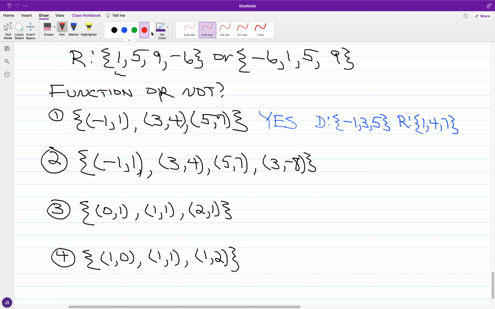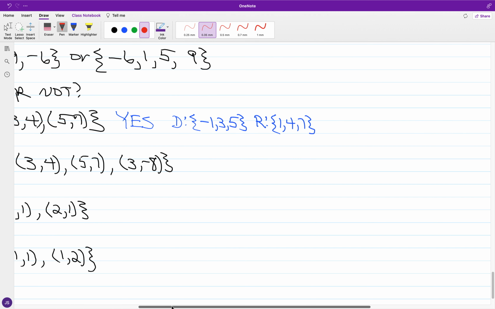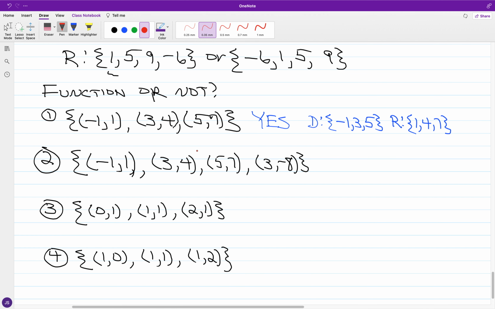Now for the next scenario, you got the first 3 ordered pairs repeating. Now we have the addition of 3 and -8. So again, -1 is uniquely paired up with 1, 5 is uniquely paired with 7. But in the case of 3, this one appears twice, and 3 is no longer uniquely paired with 4. If I had another 3, 4, it would still be a function on the basis that 3 would still be uniquely paired up with 4.